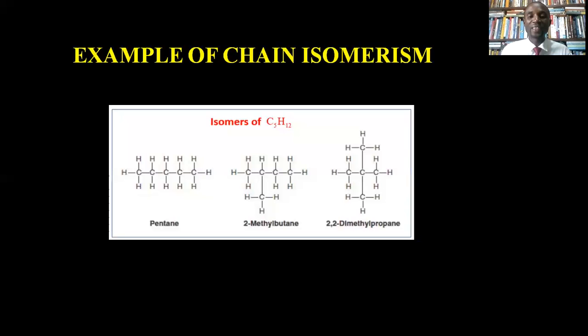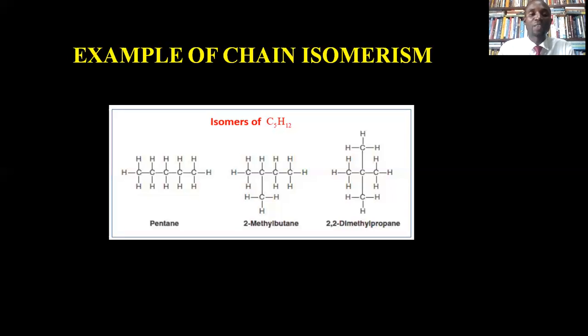Another one is 2,2-dimethyl-propane, the same C5H12. So the first one, pentane, is straight chain, the second one, 2-methyl, is branch chain, and that one is branch chain also. So this kind of isomerism is called chain isomerism because of the way the branch is structured.